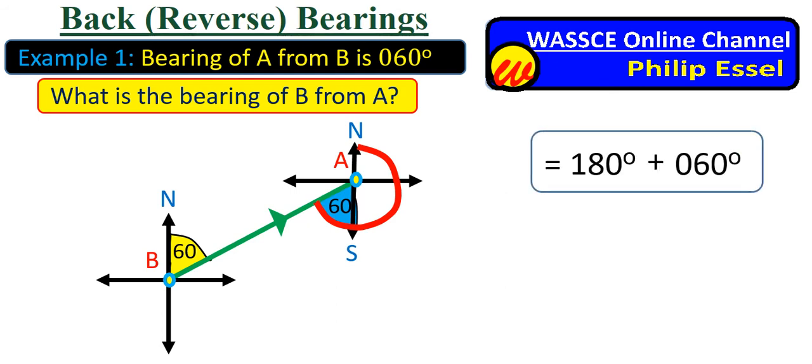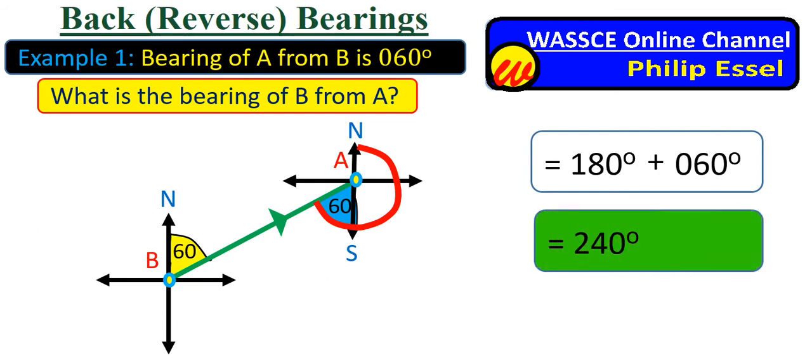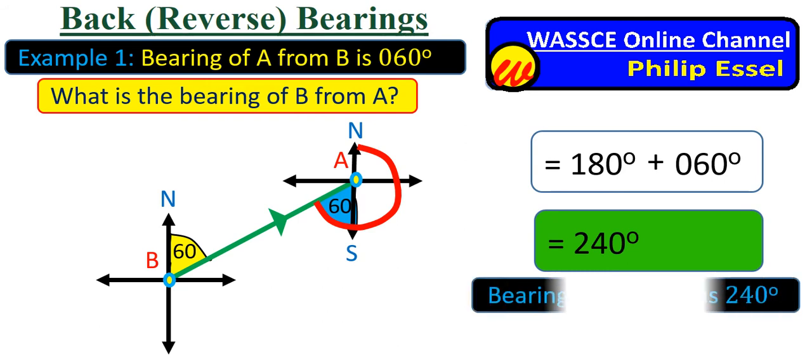And when you add the two, you would get 240 degrees. Therefore, the bearing of the point B from the point A is 240 degrees. That is the answer to this problem.